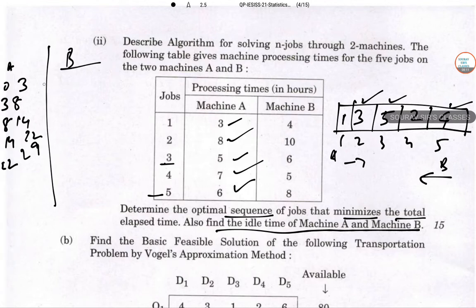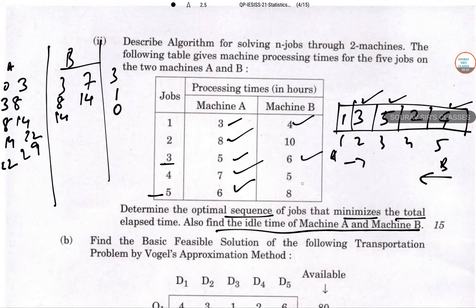And for machine B, he enters job 1, and this is the idle time, first 3 hours, and he takes it again the same pattern. So this terminates at 7. It can't enter at 7, it will enter at 8, so 1 hour idle time. This time it will take 3 hours, so 8 plus 6, 14. And after 14, this time it will enter at 14, no idle time, and this time they will perform 5, so 22.